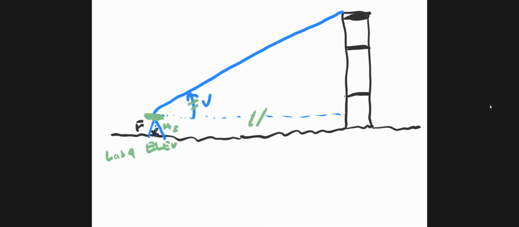So tangent of this angle times this distance gives you this distance here, which you would then add to the elevation plus the HI plus this distance. Those are the three numbers that you add together to get the elevation at the top of the tower. Any questions on the vertical part?